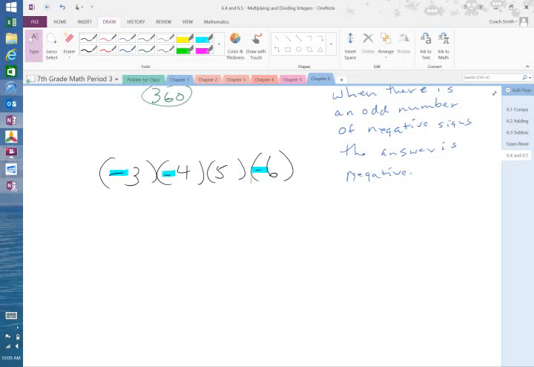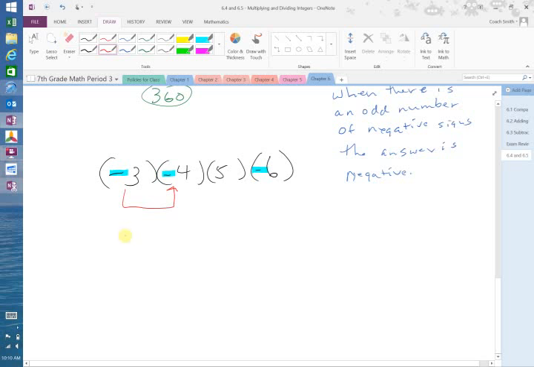You can't have a mixture of multiplication and addition and still use this rule. It has to be either all multiplication, all division. If there's an odd number of negative signs, which 3 is an odd number, then it's going to be a negative answer. I will prove that mathematically by doing this.